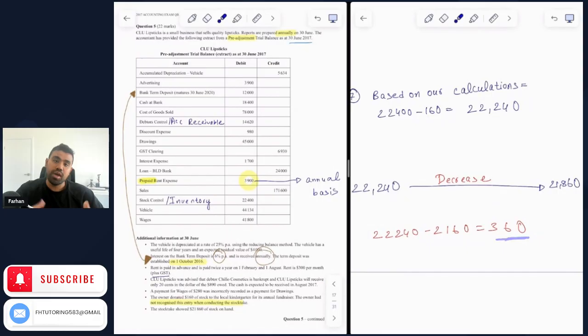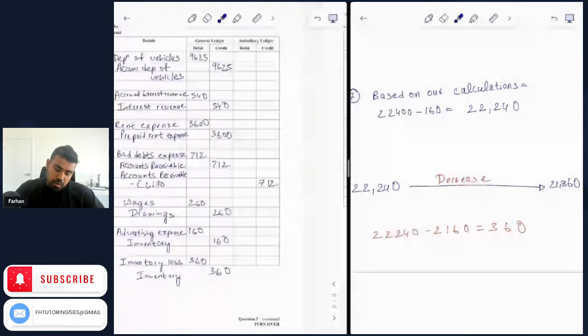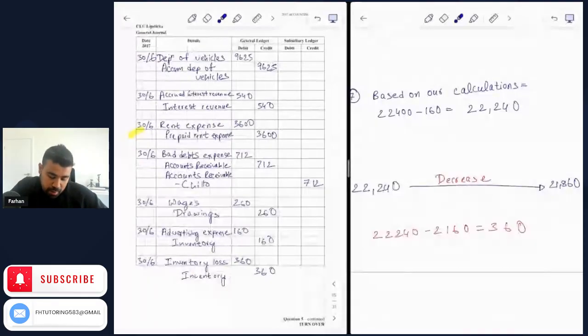So how do we reduce this as a journal entry? We debit inventory loss because all losses are treated as expenses, contrary to how all profits are treated as income. So all expenses are debited, and all profits, all revenue, all income are credited. So we debit inventory loss by $360.